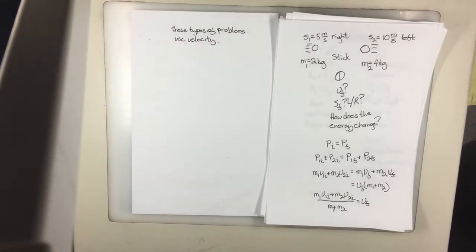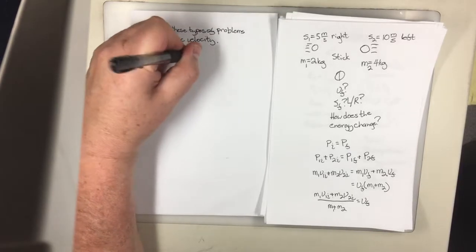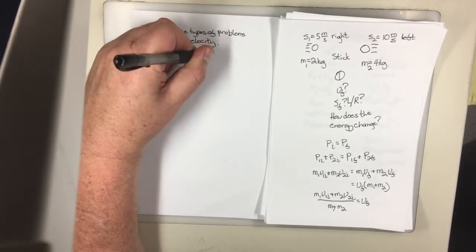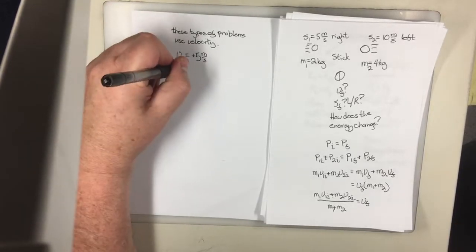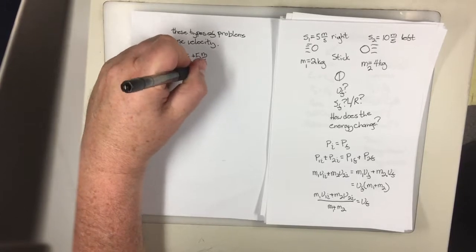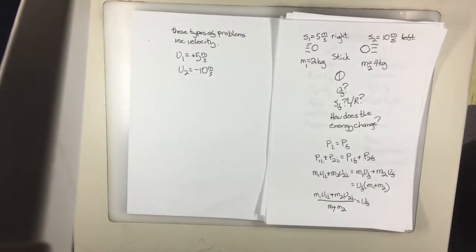You must pay attention to them. Velocity of 1 is positive 5. It's going to the right. So its speed is 5 meters per second to the right. The velocity of 2 is negative 10 meters per second. Its velocity is in the negative direction. So it's 10 meters per second.